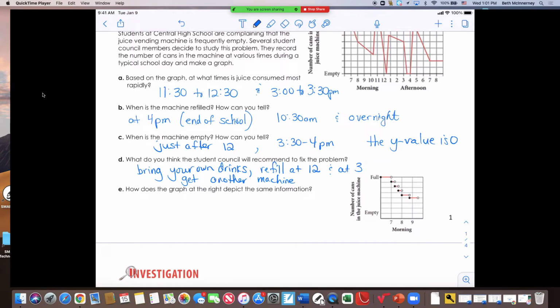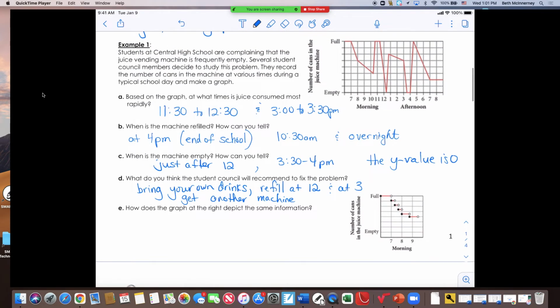So looking above, from 6 to 7, it was full. But now, what did they do here to change the graph? Yeah, Lilia? They added a line after the... What do you mean they added the line after that?